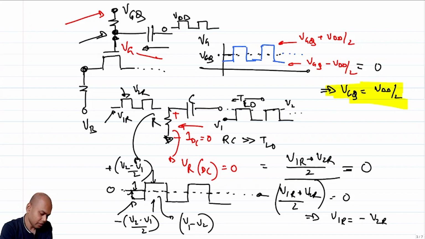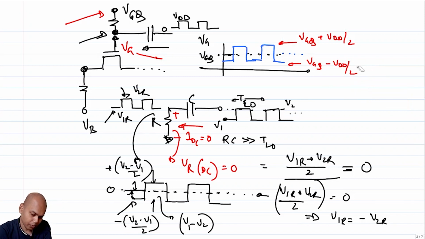correct bias. So for that, let's not say that your VGQ is equal to VDD by 2. Let's assume it is VGQ minus VDD by 2.